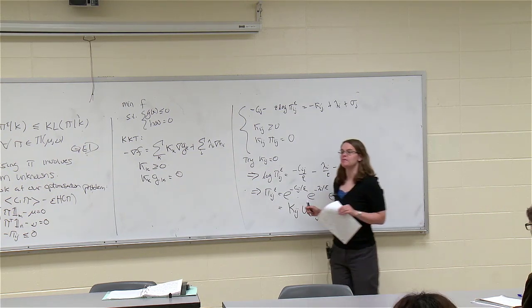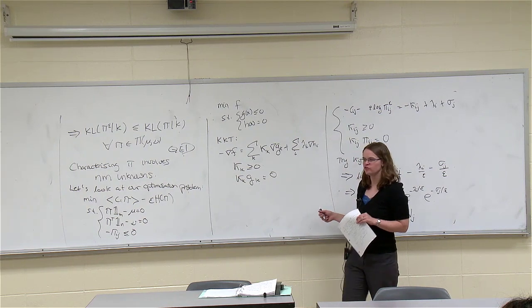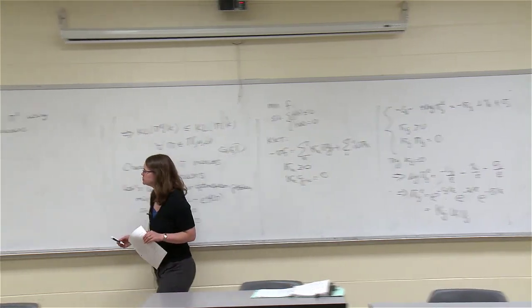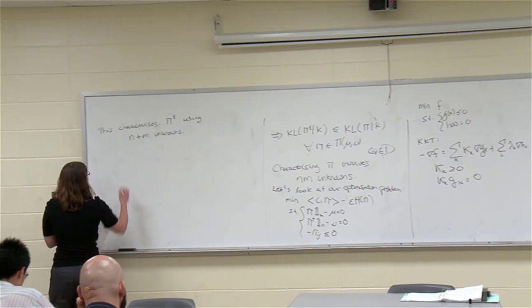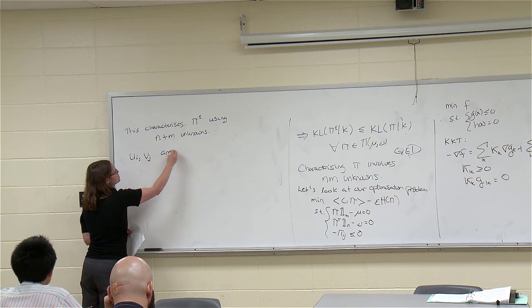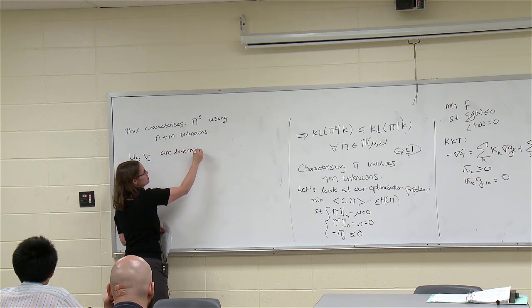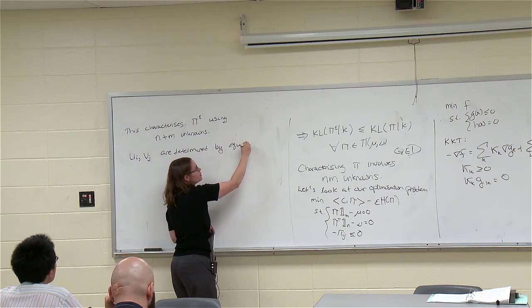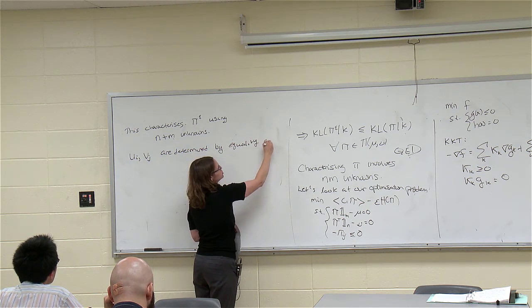Mu and nu, exactly, my equality constraints. I still have to satisfy these equality constraints. So indeed, Ui and Vj are going to be determined by my equality constraints, by expecting pi to have the right marginals, in other words.